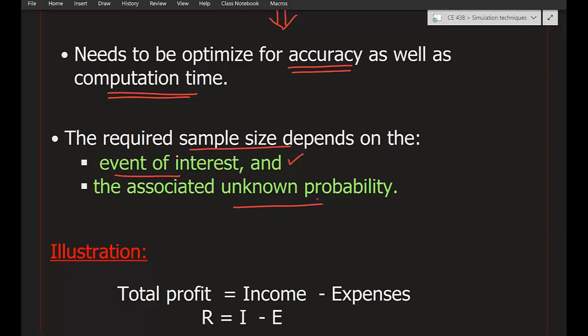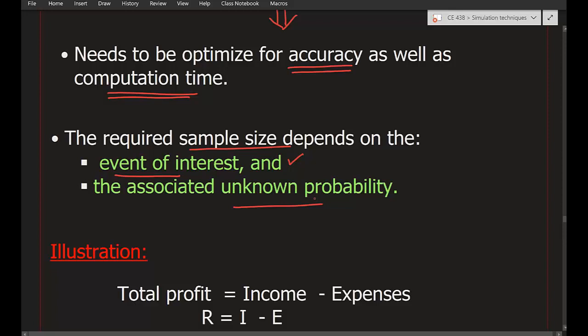If the unknown probability is very large, in that case we have to take a relatively large sample size. If the unknown probability has a very small interval, in that case we can take a small sample size to come up with a relatively accurate result.